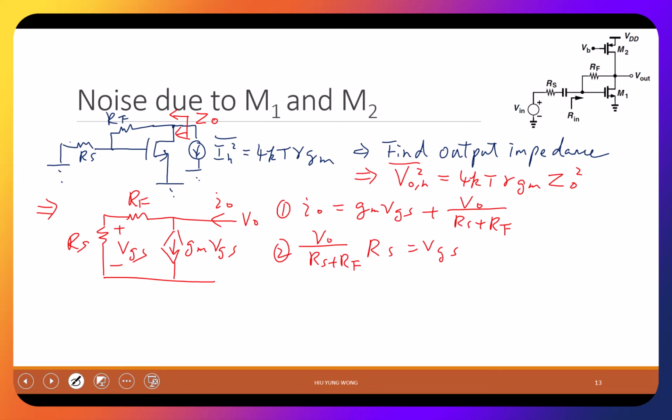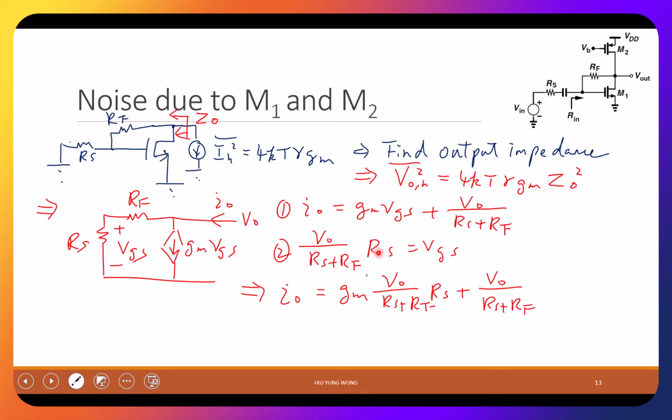With this, I'm going to solve it. I say I out equals GM times VGS, where I plug in VGS, which is V out divided by RS plus RF times RS, plus V out divided by RS plus RF.